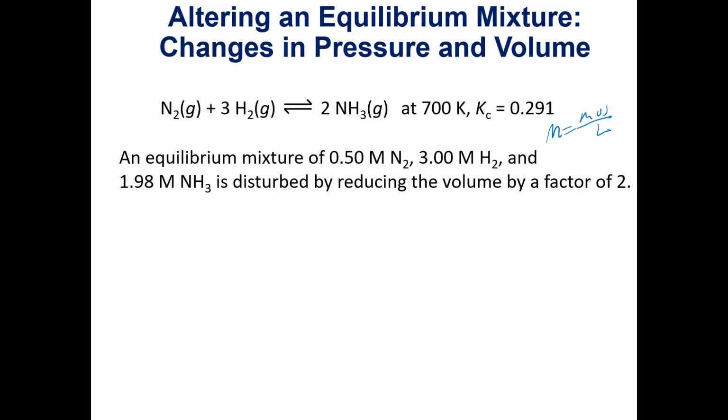If you divide the volume in half, then you're going to double the concentration because we have half as much space and the same number of moles. So if we're taking half the space with the same number of moles, then the concentration is going to be twice what it was.